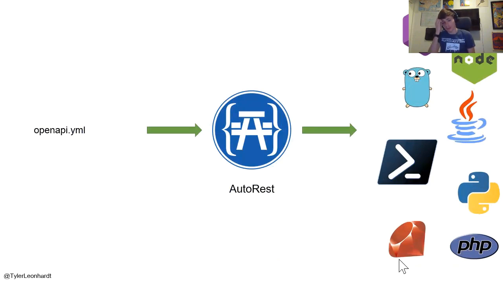What this is really good for in a couple cases is, let's say you have a REST API and you want to allow your other team to interact with your REST API in their C# app.